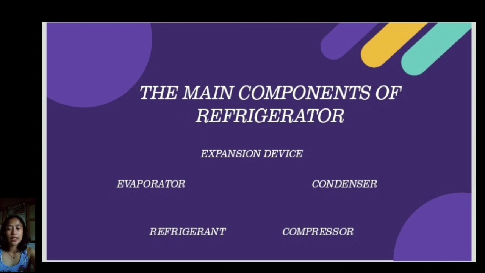It is a liquid that enters the expansion device. Third is the evaporator. It is located at the upper part of the refrigerator and it absorbs the heat inside, while the condenser releases heat outside. And lastly is the expansion device.